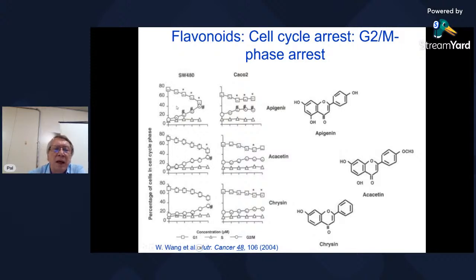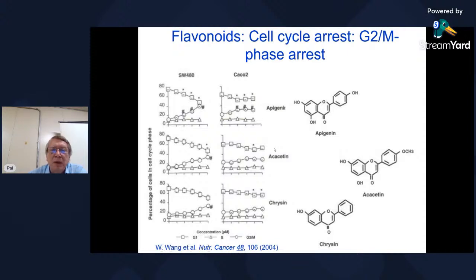And if we have a look at these two sets of experiments, we can see that as a function of time of treatment, the amount of cells in S phase is continuously increasing after treatment with these flavonoids in both investigated cell lines.